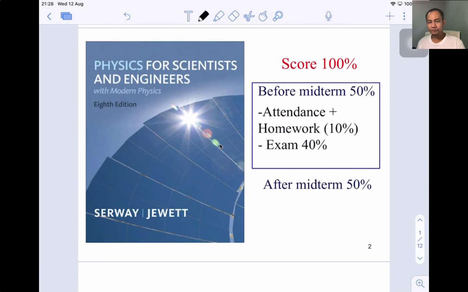However, this grading can vary from 10 to 20%, depending on your performance, and the exam is not exactly 40%, it can be 30 to 40%. So I will decide it later, around the end of the semester.